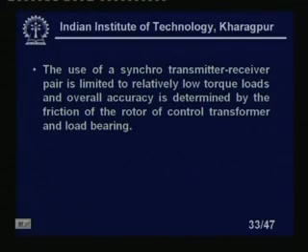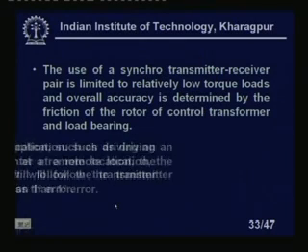Otherwise, for low torque devices, when the bearing problem is not that much, we can use this type of device, connecting the two rotors together and the stators together. Whenever you use synchro pairs, all the stators will be connected like that, but if you use a servo mechanism, we will not connect the two rotors together.